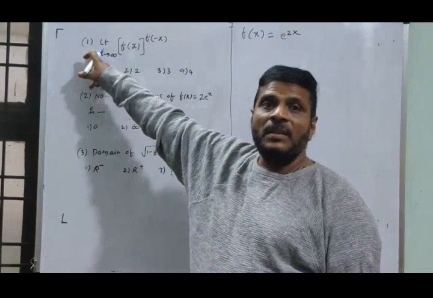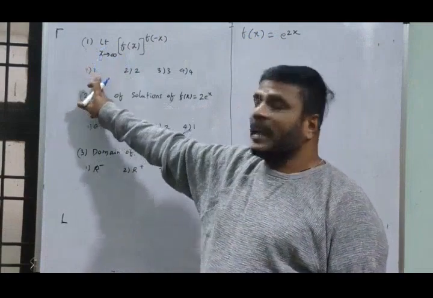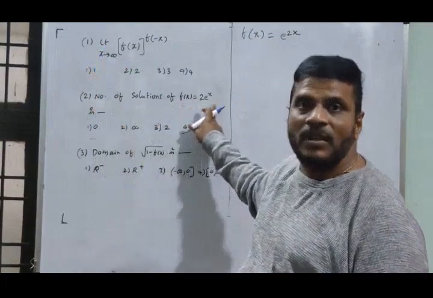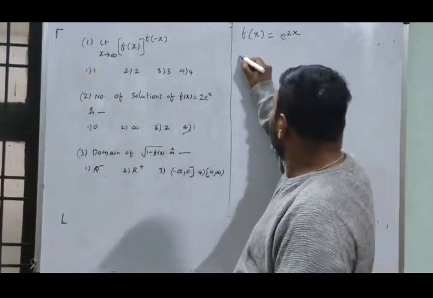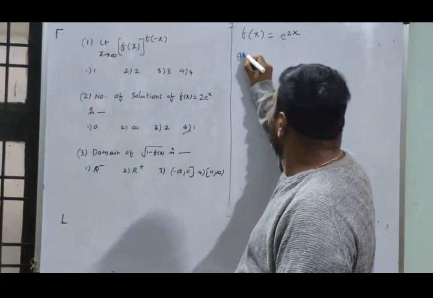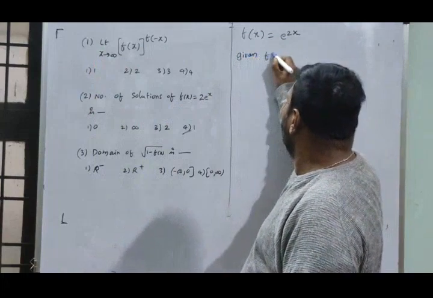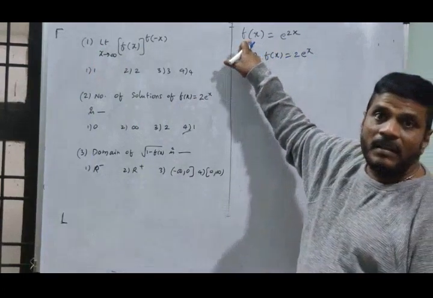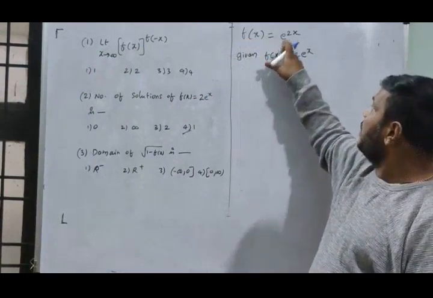Now we are going to solve the second question. Number of solutions of f of x is equal to 2 into e power x. Already we got the function is e power 2x.